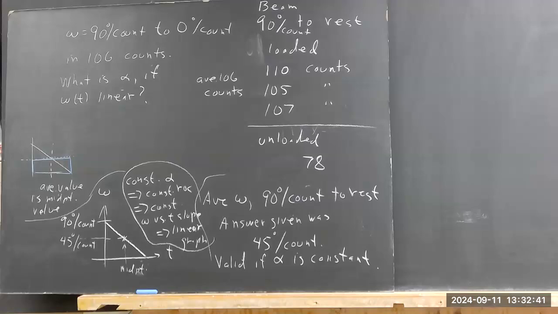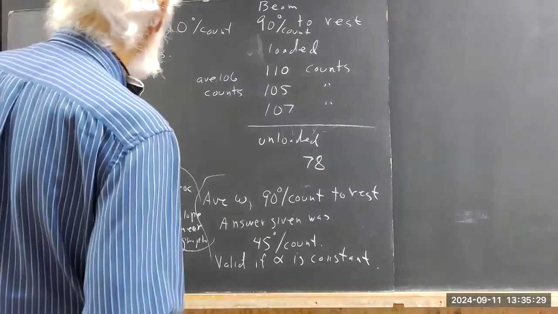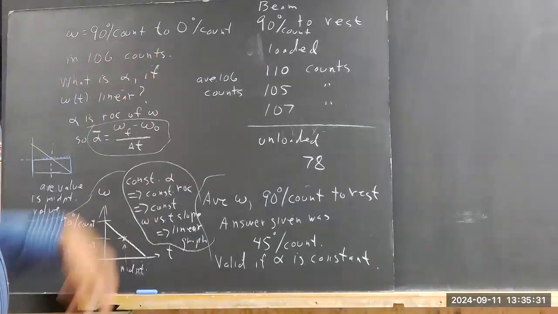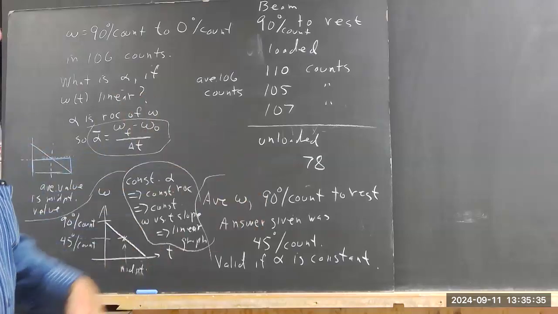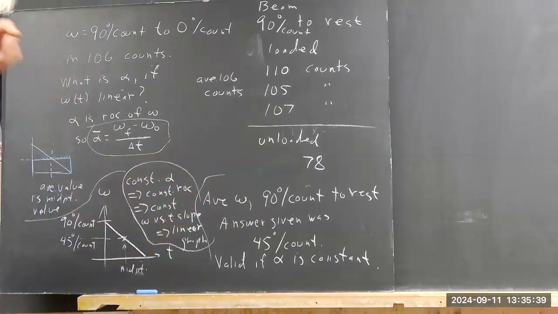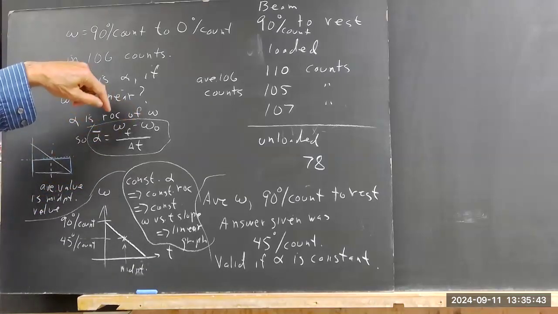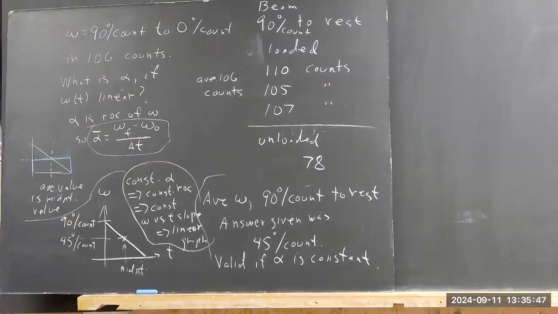Now, alpha is the acceleration. Okay, I got a very good answer. It said divide the 90 degrees per count by 106. Well, I said no, it's 106 counts. But yeah, okay. Now, really, if you want to write this out carefully, go ahead and write it out in symbols. Omega F minus omega naught over delta T.